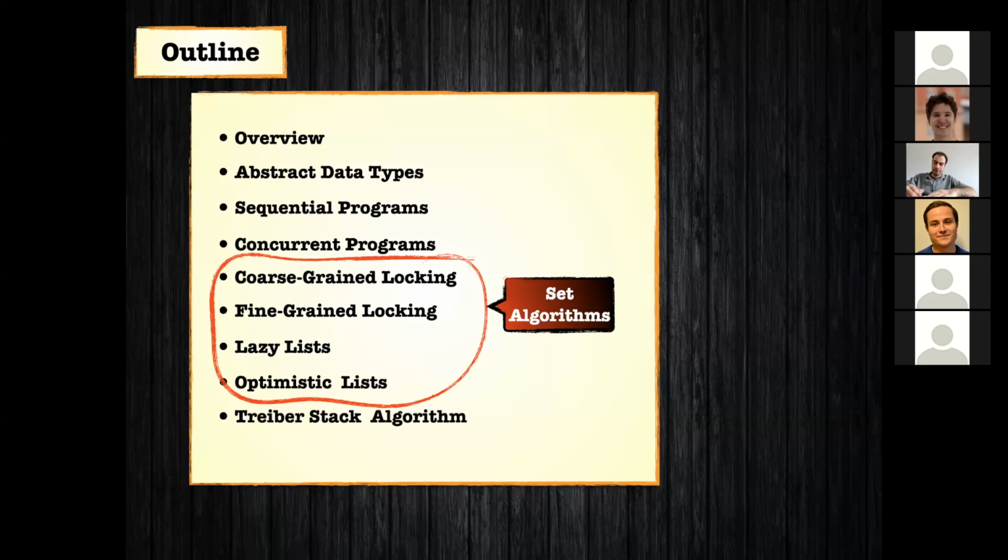And concretely, we will look at stack algorithms like the classical Treiber stack algorithm or the so-called Michael and Scott queue algorithm. Time permitting, I will go through some other topics like transactional memories and weak memory models and things like that. But these are the basics that I would like you to learn from this course.